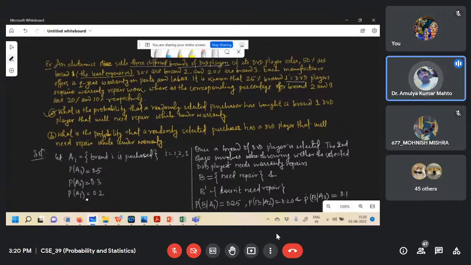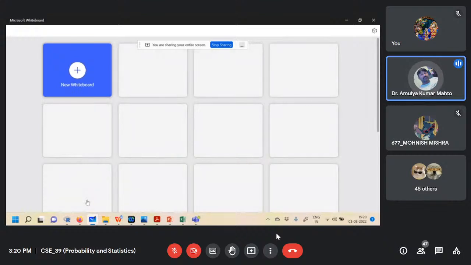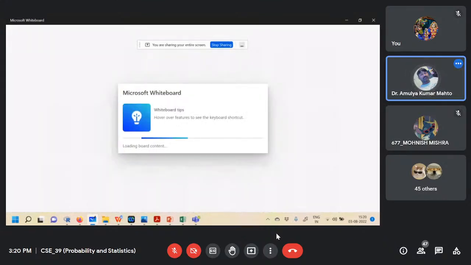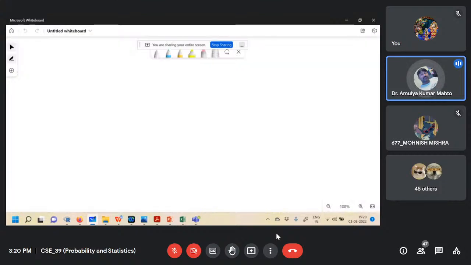So these are the different probabilities that we have. We can go to the solution, but what I can tell you about is something called a tree diagram, which is a more useful representation for understanding the problem. Let me give you a tree diagram.